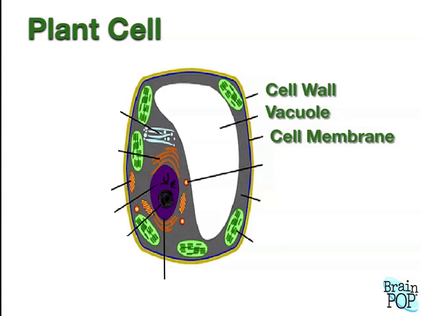How about this small little dot over here? Austin? Ribosome. Ribosome. Makes protein. Alright, what's filling up most of the cell?